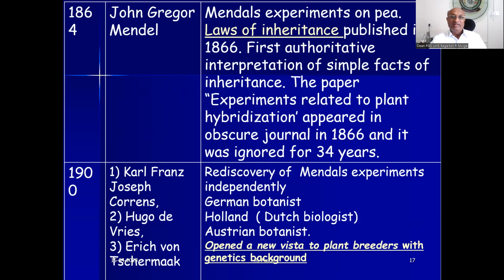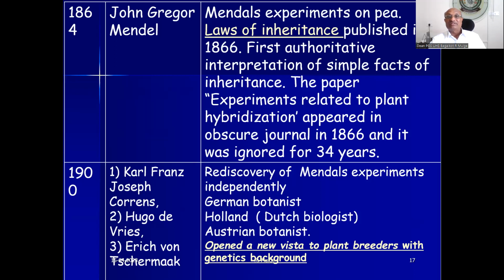So it happened in 1900, three different scientists at different places: Carl Franz Joseph Correns, a German botanist, Hugo de Vries, a Dutch biologist from Holland, and Erich von Tschermak, an Austrian botanist. All independently carried out the experiment.